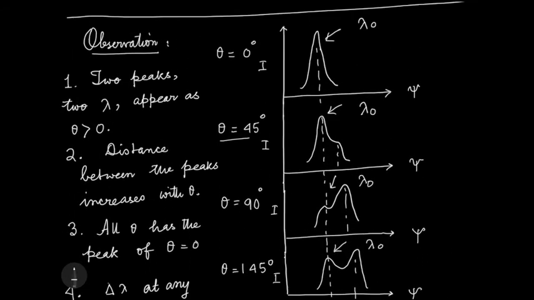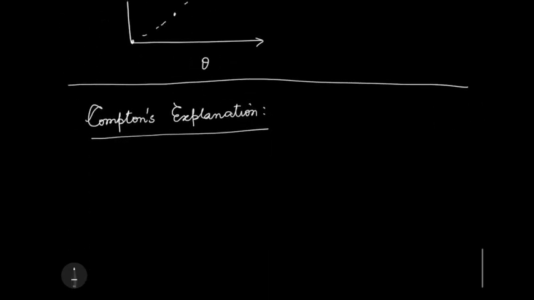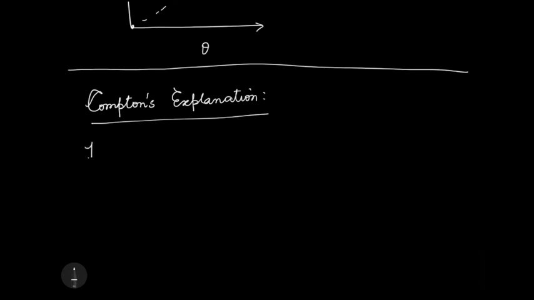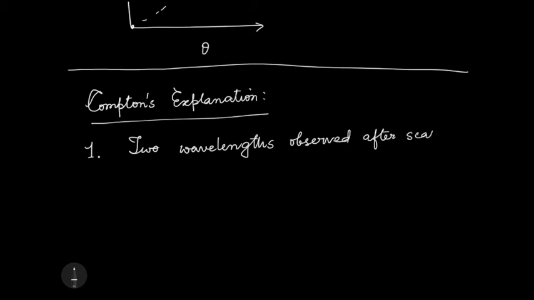What does he have to explain? He has to explain the fact that two wavelengths are observed after scattering.